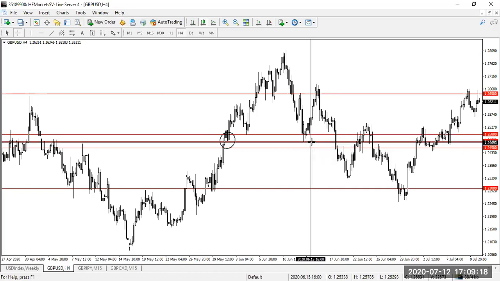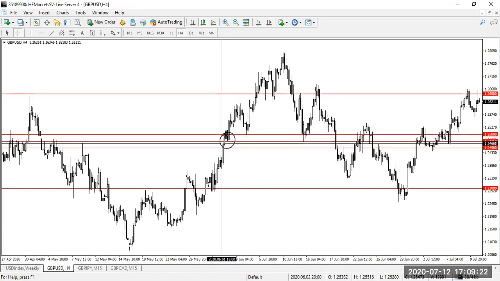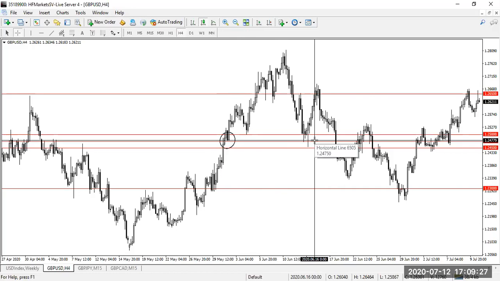I know it, and I think this zone here was not a legit swing low because it had already been broken by this candle here. So this was not our swing low anymore. This is very important.